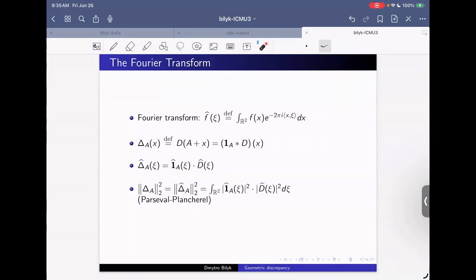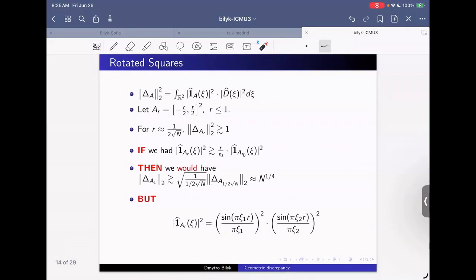I hope that is all clear so far. Notice that so far we haven't rotated anything. We started, say, with the cube, and we just look at the translations. So this function is just the discrepancy of translations of a fixed set. Well, let's see, can we prove something just for the translations?